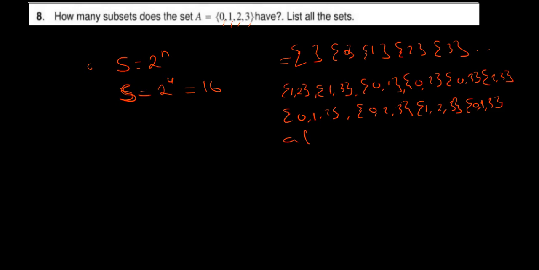And you list the last one. You put 0, 1, 2 and 3 like that. All right. Okay, so that is it for this one, guys. You have listed. That's how you list. You make sure that they are together unique.